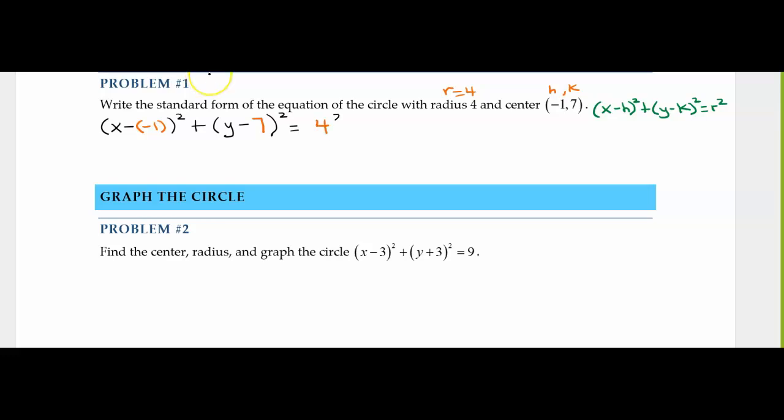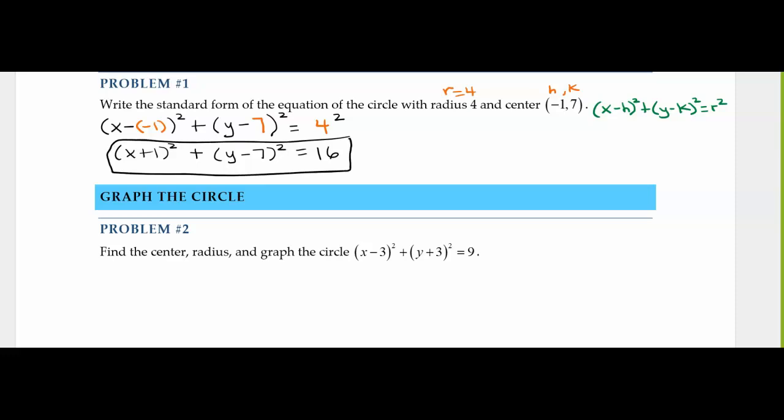I'm just putting those numbers in place of my r, h, and k, and then I have a little bit of simplifying to do. This minus and negative 1 is really adding 1, so I'll have x plus 1 all squared, plus y minus 7 all squared, and then we need to simplify 4 squared, 4 times 4 is 16. This is how we'd want to have our answer.